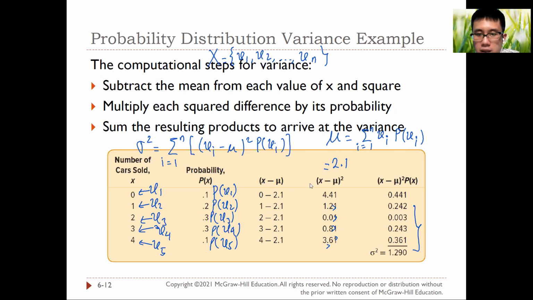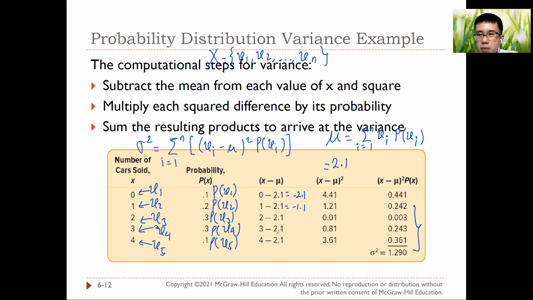After that we square them. I will only illustrate for two cells here. This is equal to negative 2.1, and if we square this value, the result is 4.41 like this, and it is negative 1.1, and the square is 1.21 like this, and so on.